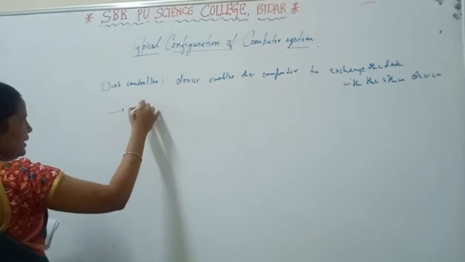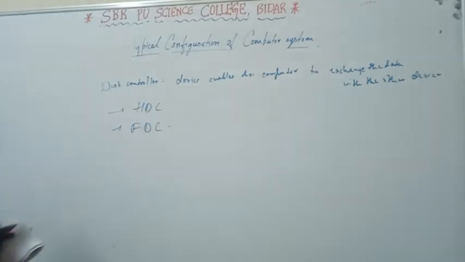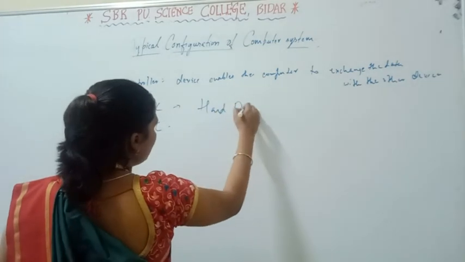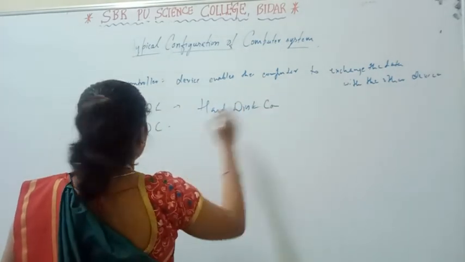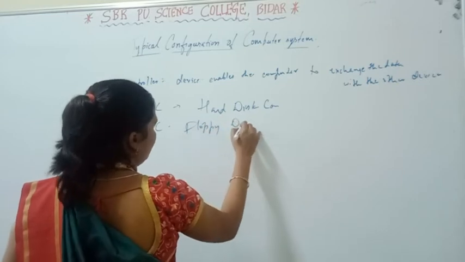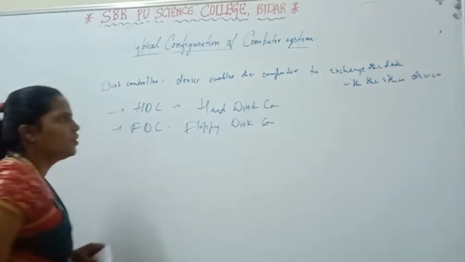So basically HDC and FDC. Two types of disk controllers are present. This is a hard disk controller, and this is a floppy disk controller. Nowadays we are not using the floppy. Okay.